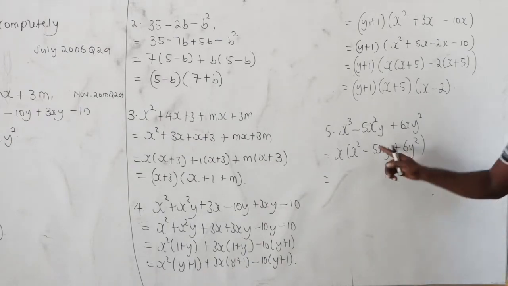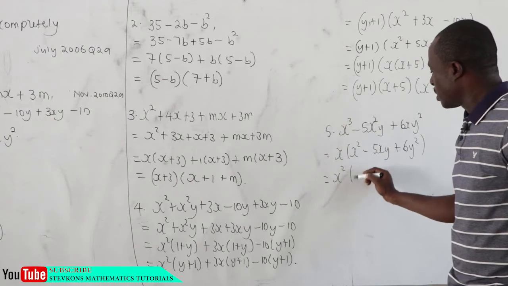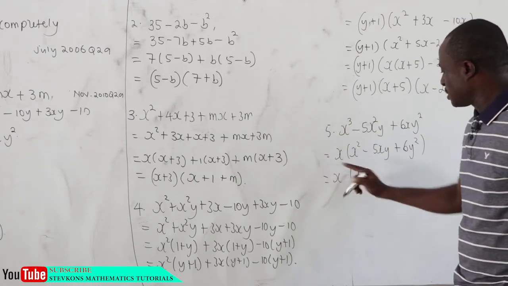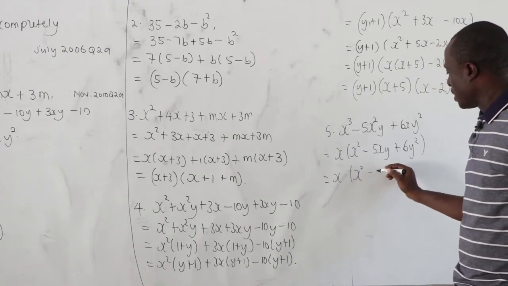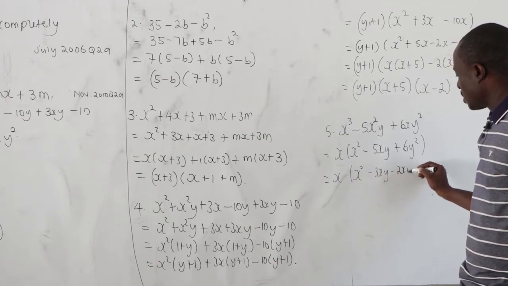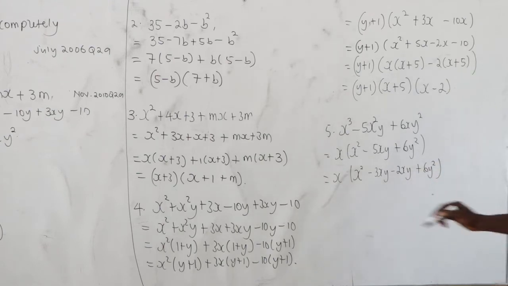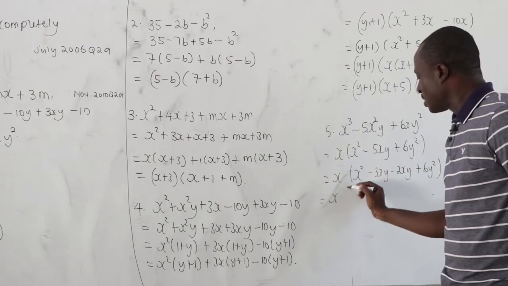So two numbers, when you multiply, you get 6. When you add, you get negative 5. That is negative 2 and then negative 3. So you have x squared, that is just x times x. You have x squared minus 3xy minus 2xy plus 6y squared. So we have x here.